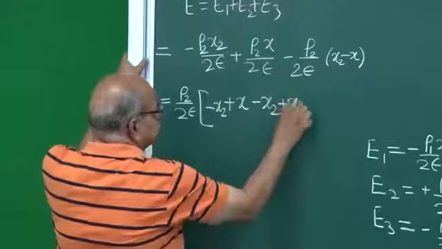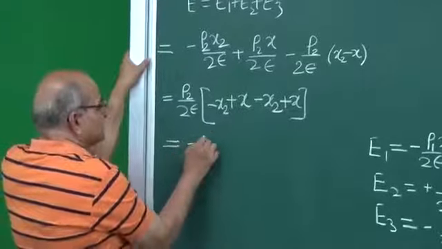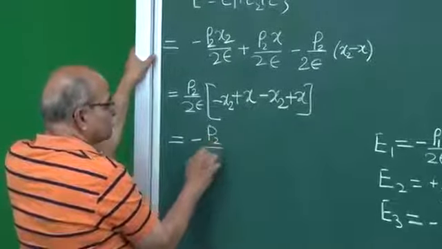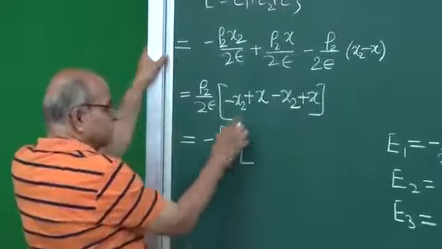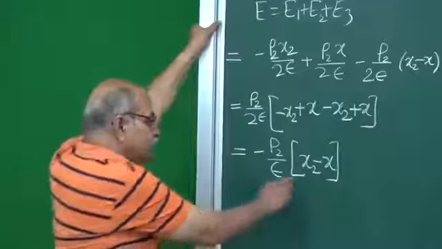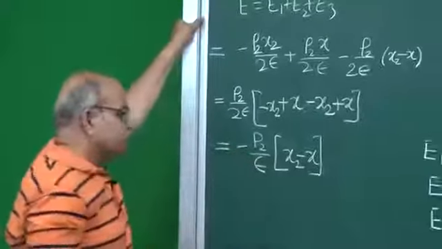So you can put the minus sign outside: minus rho 2 over 2 epsilon, because that 2 can cancel. And then you have x2 minus x. Since x2 is greater than x, that's why I am writing x2 minus x with a minus sign here.